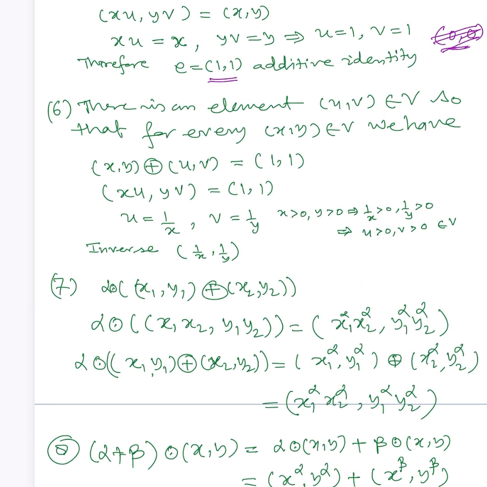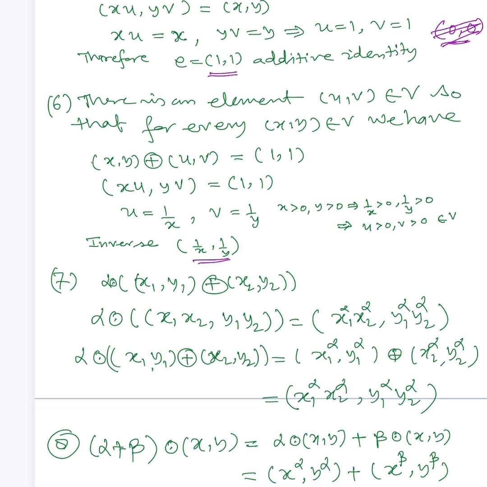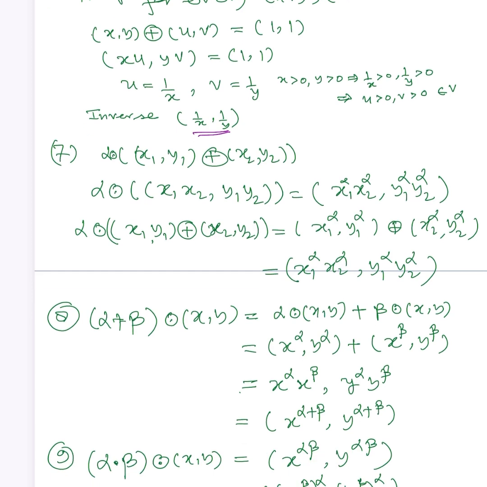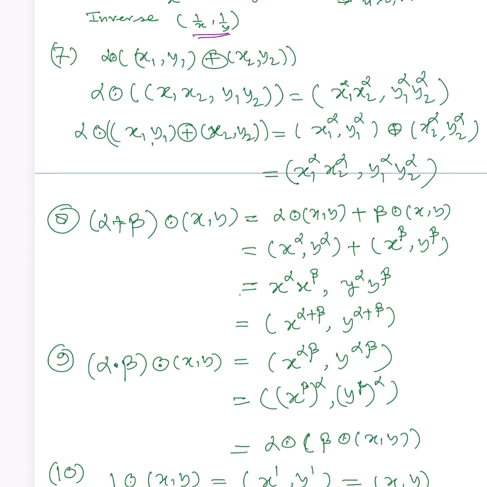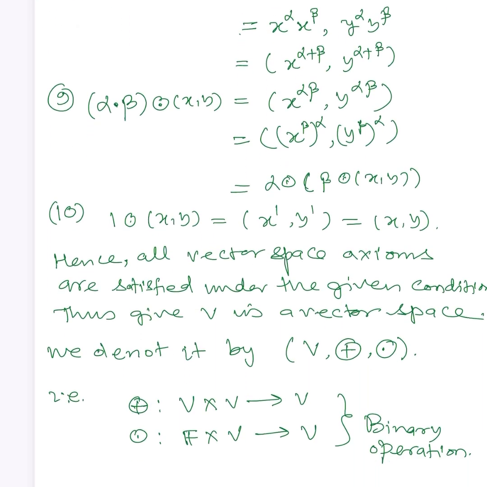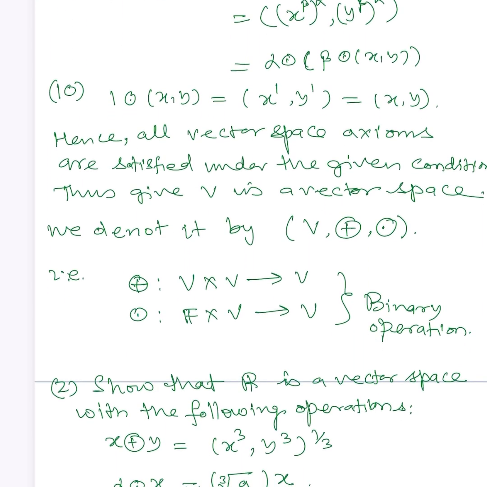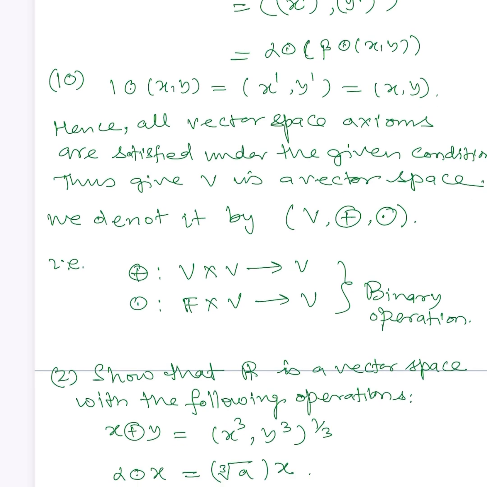Similarly, you can find the inverse such that you get (x, y) plus something equals (1, 1). Now, if you see, the inverse is going to be (1/x, 1/y), right? And similarly, if you check all the distributive properties, all of them are going to be satisfied, and all 10 properties are satisfied.